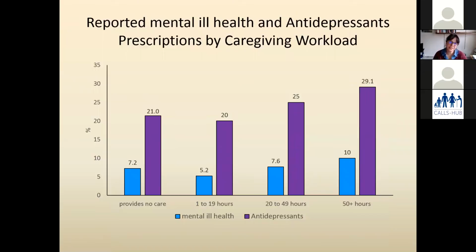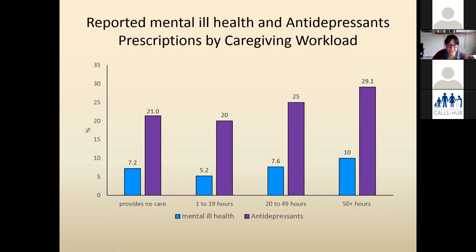These are just some bar charts on frequency distributions of reporting mental ill health on the census questionnaire, and being prescribed antidepressants. First of all, we see three things. First of all, Northern Ireland is a special case. Even among those who don't deliver care, 21% of the population have been prescribed antidepressants, which is specific to the particular history of the Northern Ireland conflict.